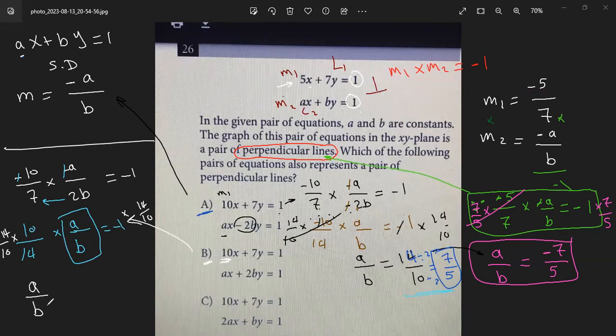Therefore, A over B equals negative 14 over 10. Simplified, divided by 2, it is negative 7 over 5.